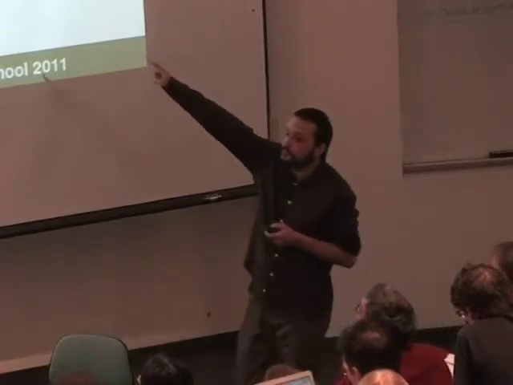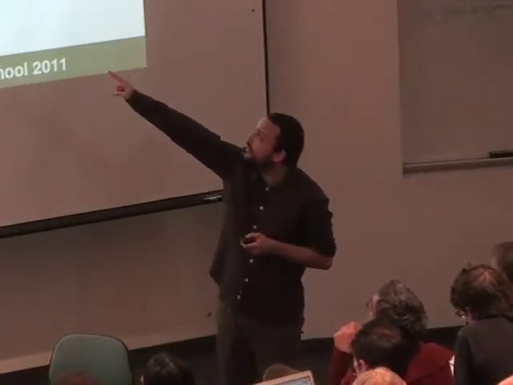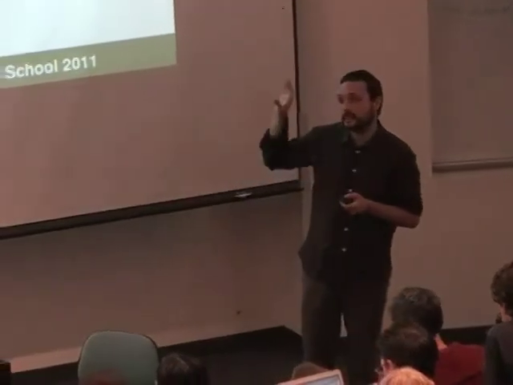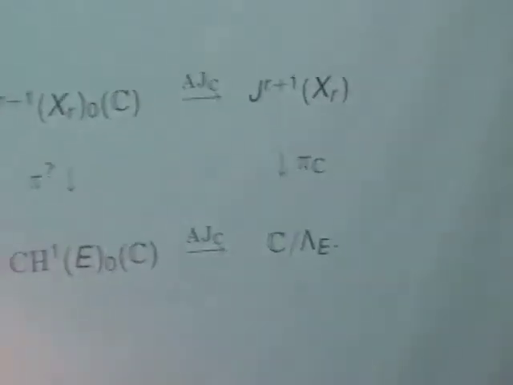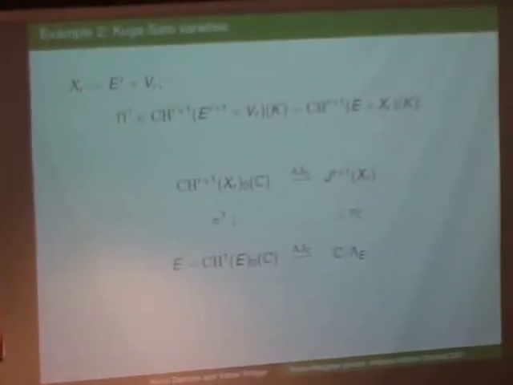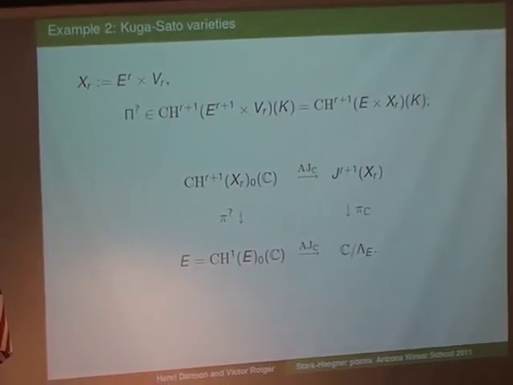My variety that I'm using is this X_R, and the diagram that I was explaining before, in this particular case, has exactly this description. Okay? So if we are able to produce cycles on X_R, we can map them down to points on the elliptic curve. And if your cycle that you constructed is defined, say, over K, you will get a point on E over K. Okay? So that's the main idea.